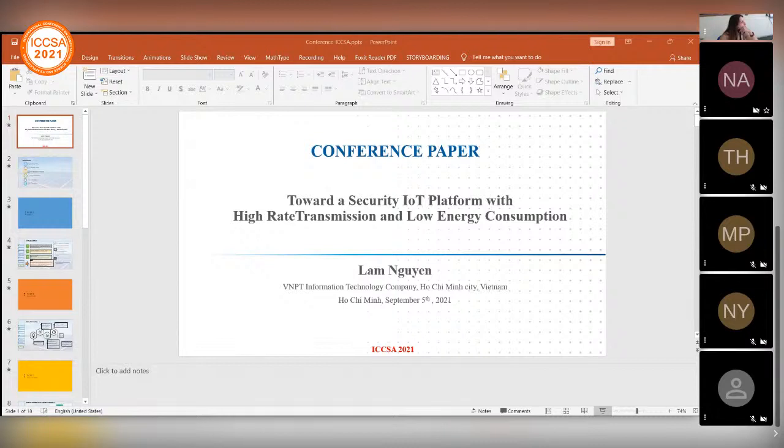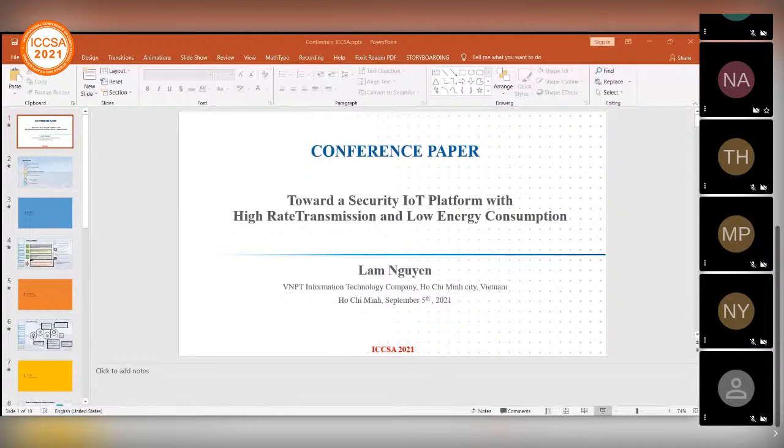Good morning, everyone. My name is Lam Nguyen, and I will present my paper with the title Toward a Security IoT Platform with High Rate Transmission and Low Energy Consumption. My outline will include 6 sections: introduction, related work, IoT platform proposal, implementation, evaluation, and conclusion.